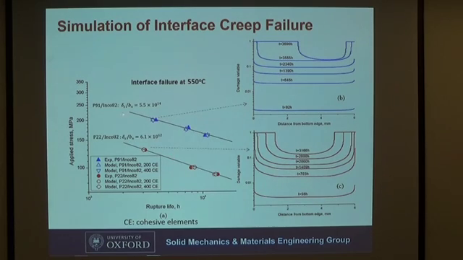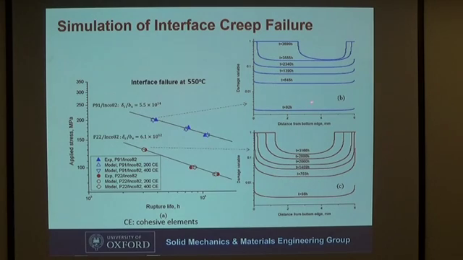Another thing I found in the simulation is these 2 parameters can serve as 1 fitting parameter, which means Abaqus is not sensitive to the detailed value of these 2, but it's sensitive to the ratio of these 2 parameters.